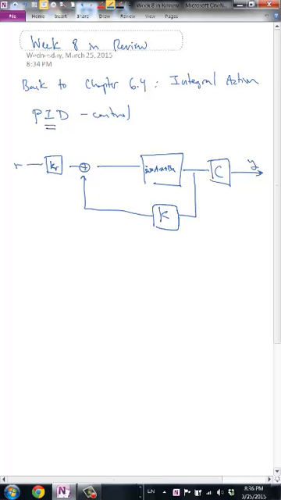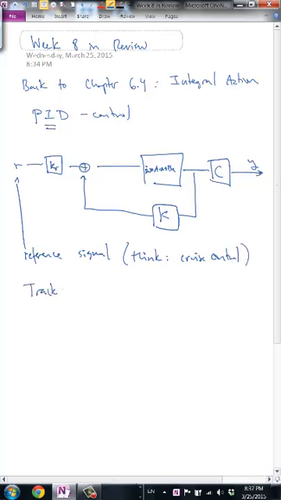It is something that we like to track. This is called the reference signal. Again, think about cruise control: this is the speed that you set, and we want to track it. Reference tracking means that we want y to converge to r, and in particular, we want the equilibrium value of y, which we will have if we have a stable system, to equal r.